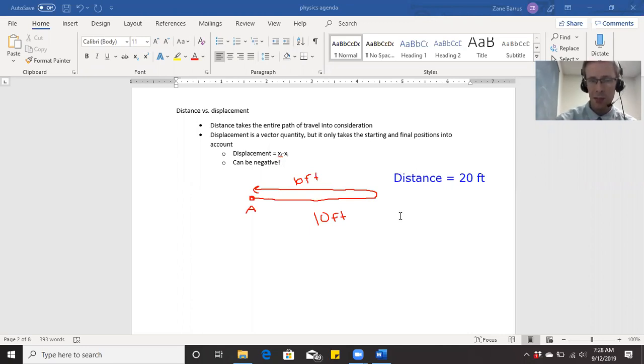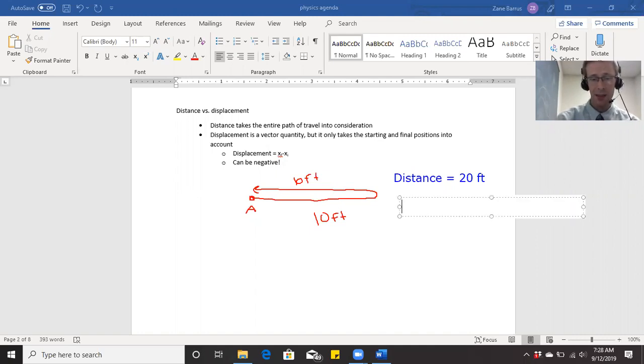When we talk about displacement, displacement is a vector quantity, okay? So it does have that direction component. It can be negative, okay? And displacement only takes the starting and final positions into account, okay? So I started at point A in this example. Even though I walked 10 feet forward and 10 feet back to where I started, I'm in the same place at the end of the story that I was at the beginning.